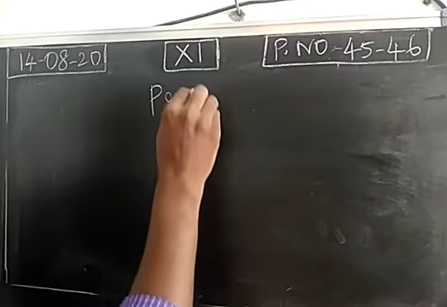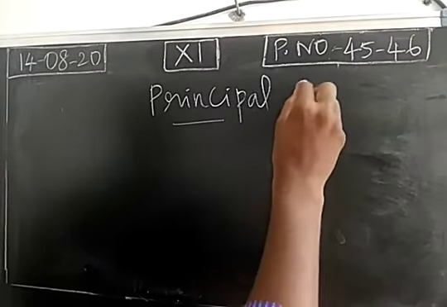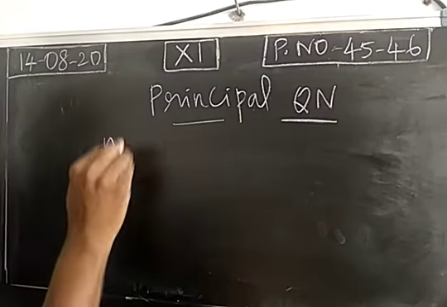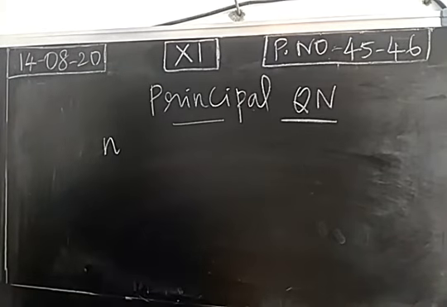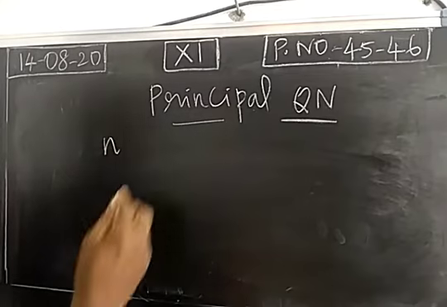First, principal quantum number. Principal quantum number is denoted by the symbol n, which represents the orbit. Outside the nucleus in an atom, we have circular paths. We call them orbits or shells or energy levels according to Bohr's concept of atomic structure. So n represents the orbit in an atom.